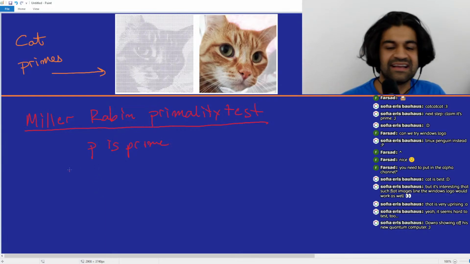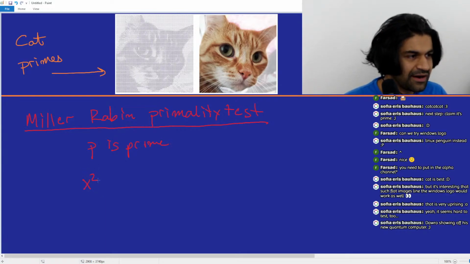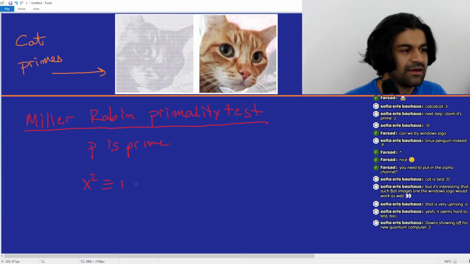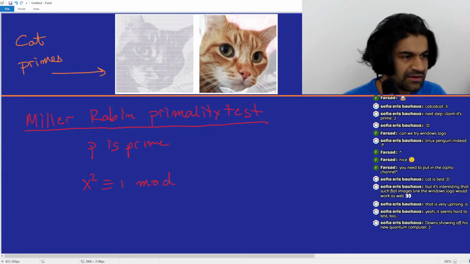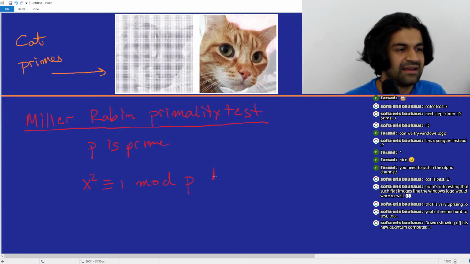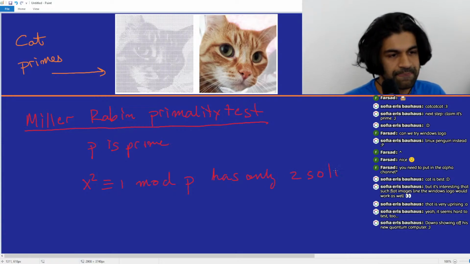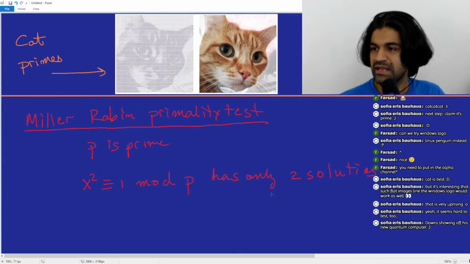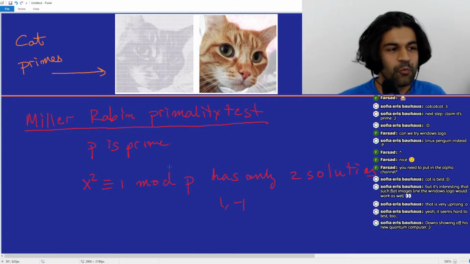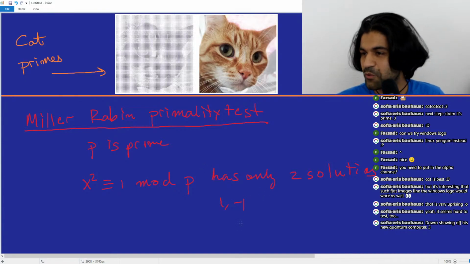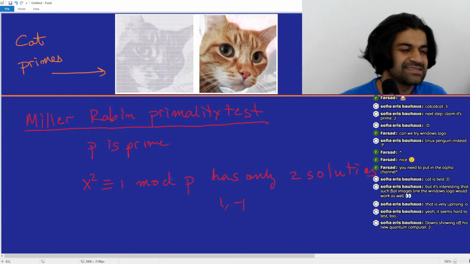Then this equation, x squared is congruent to 1 mod p, I'll write it without the mods too, in case you're not familiar, but I'm going to write it first with the mods. x squared congruent to 1 mod p has only 2 solutions, namely 1 and -1.